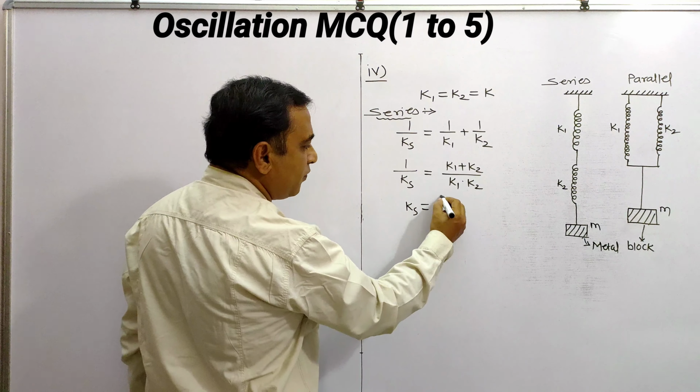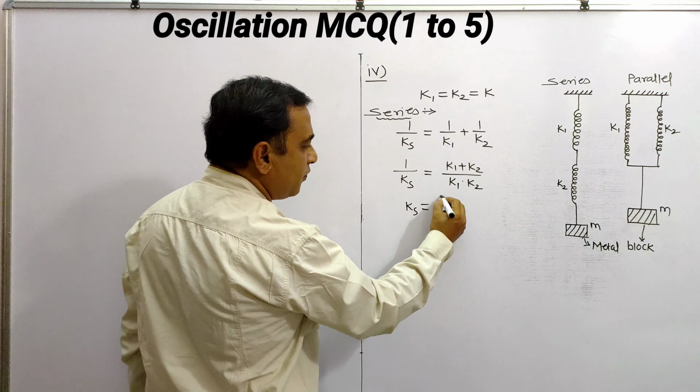Here we have the fifth MCQ before you. I'm going to read that. The graph shows variation of displacement of a particle performing simple harmonic motion with time t. Which of the following statements is correct from the graph? The four statements given are: A, acceleration is maximum at time t.